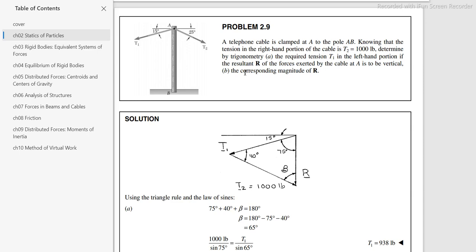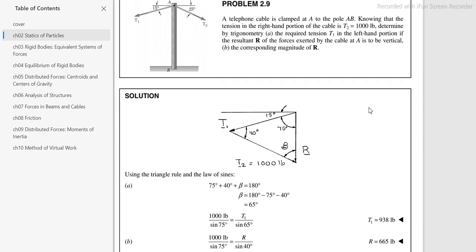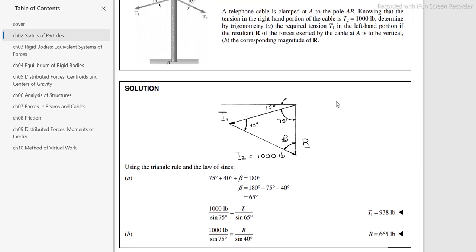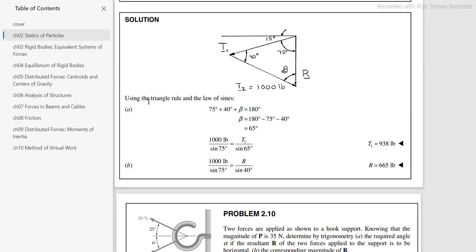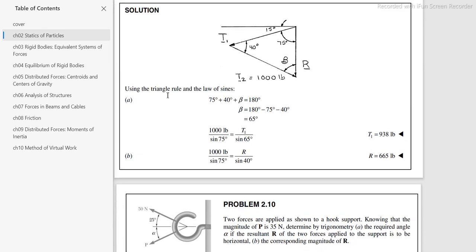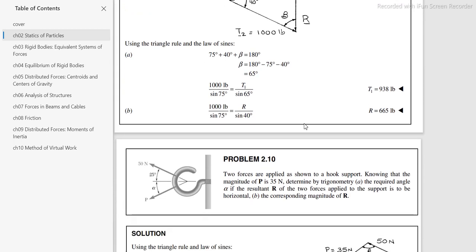And question B, the corresponding magnitude of R. There is a free body diagram of this question, and the solution uses the triangle rule and law of sines.